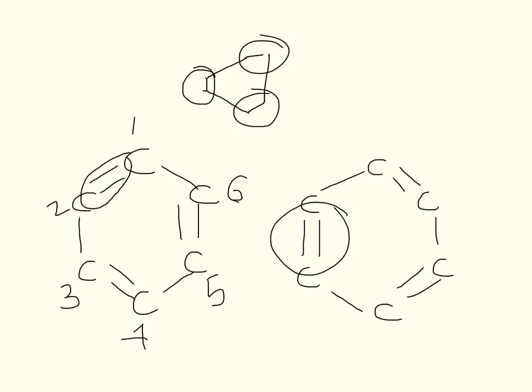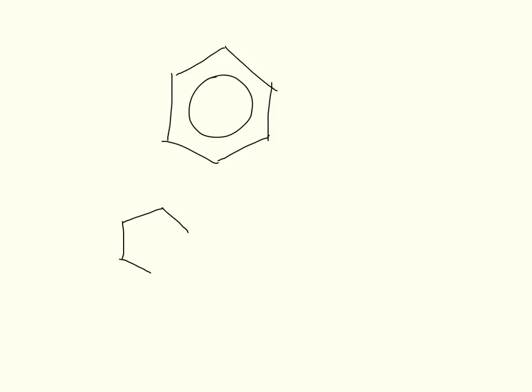What does this mean? This means that these two are resonance structures, and the actual structure is a resonance hybrid of both these structures, which can be represented like this. So what does that resonance mean? What does this hybrid mean? Hybrid means that the double bond electrons that we are showing here are not localized.